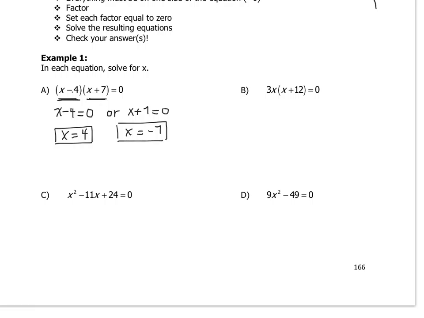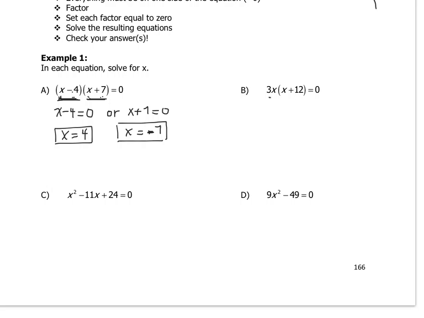If you plug 4 in for x here, you get 4 minus 4, which is 0, times 4 plus 7, which is 11, and 0 times 11 would be 0. If you plug in the negative 7, negative 7 take away 4 would be negative 11, but negative 7 plus 7 in the other factor would be 0. So negative 11 times 0 results in 0. So they would both be solutions.